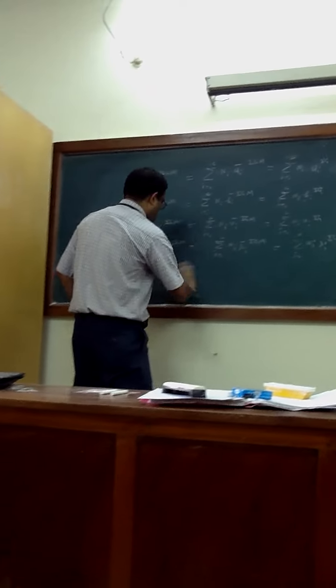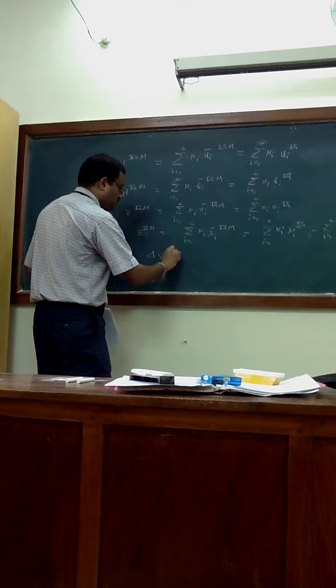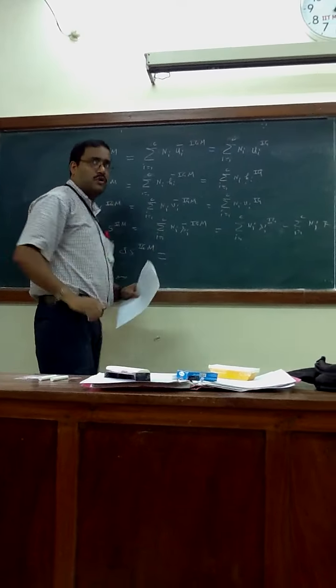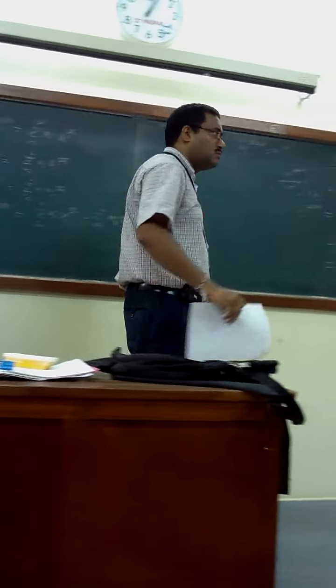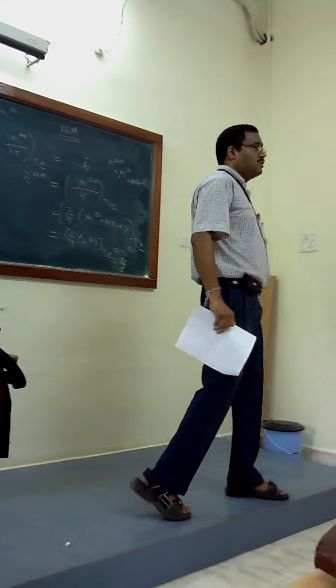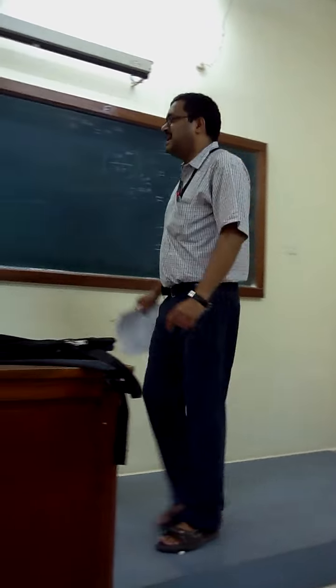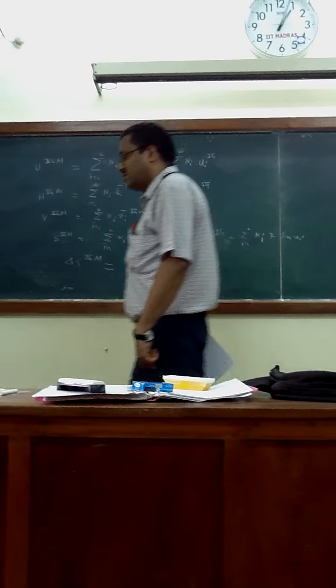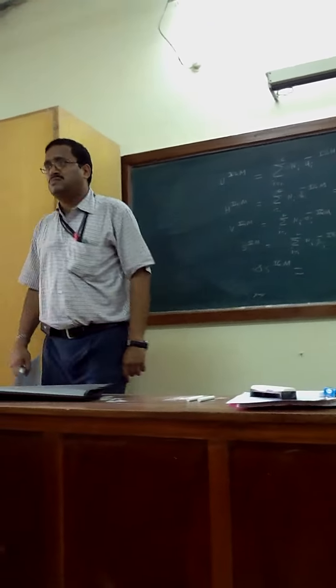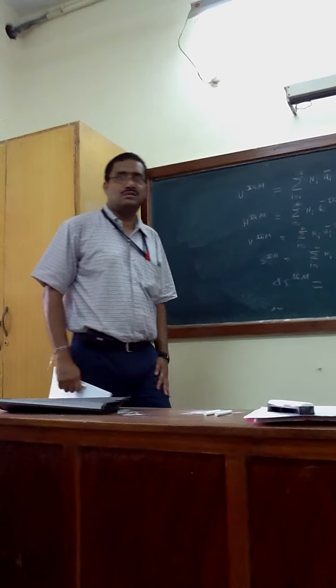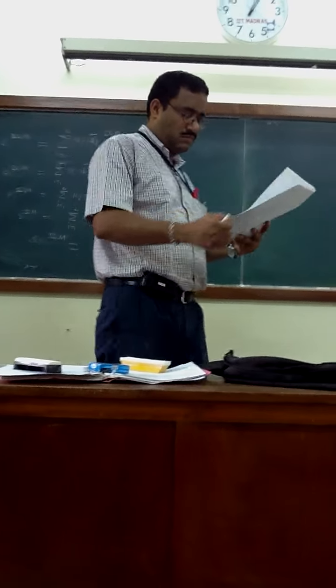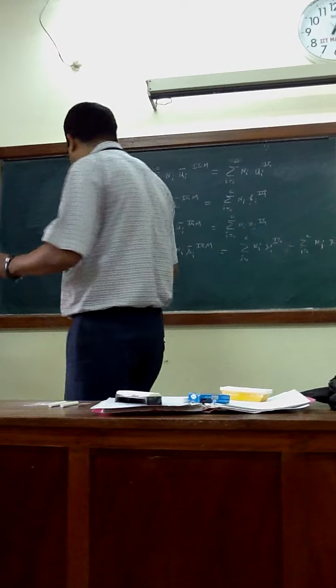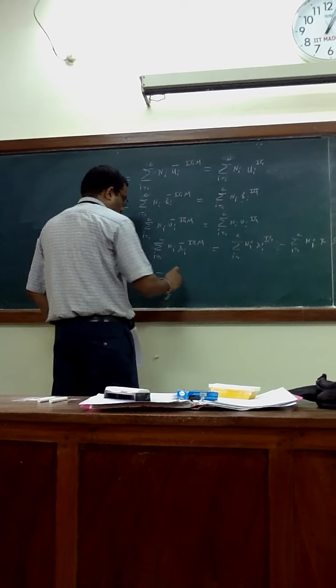What will actually happen? Delta S igm is not 0. Earlier it was quite obvious it was 0, so I don't want to show it. Delta S igm is not 0. It is minus R summation n_i ln x_i.